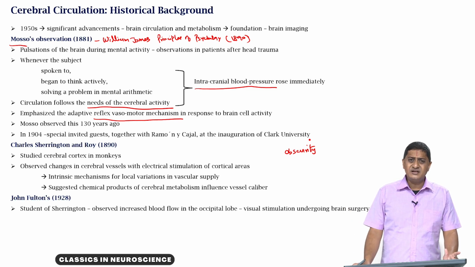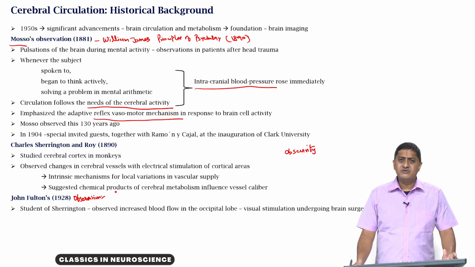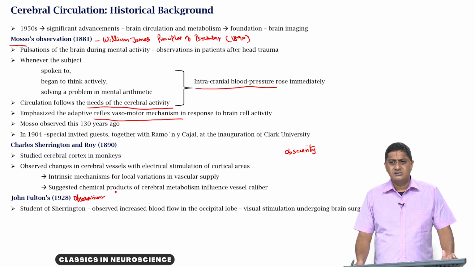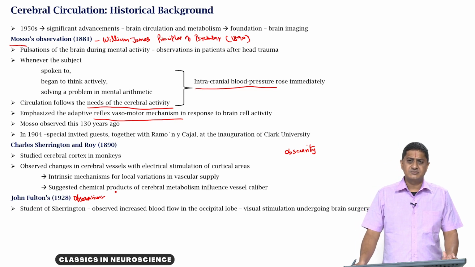Of course, in the late 1920s, John Fulton observed that there was an increase in the blood flow to the occipital lobe when there was visual stimulation during brain surgery.